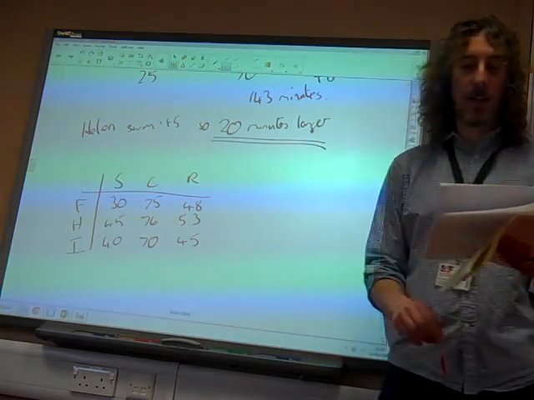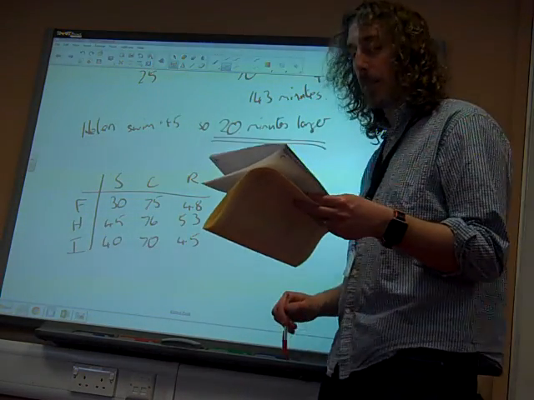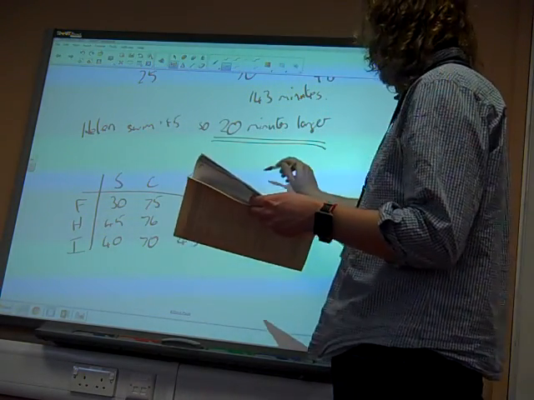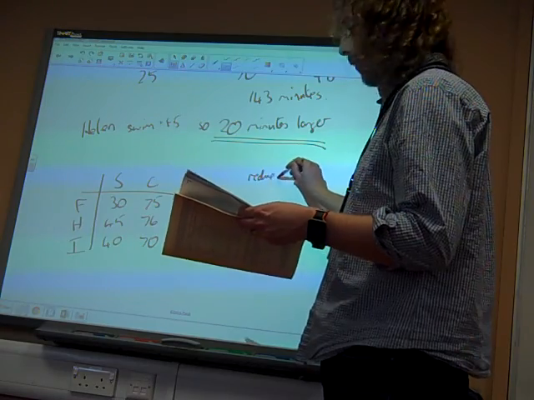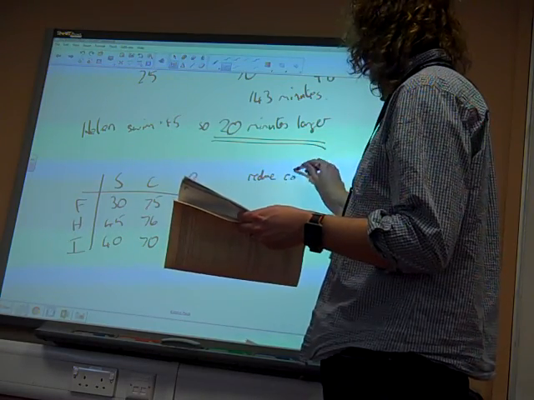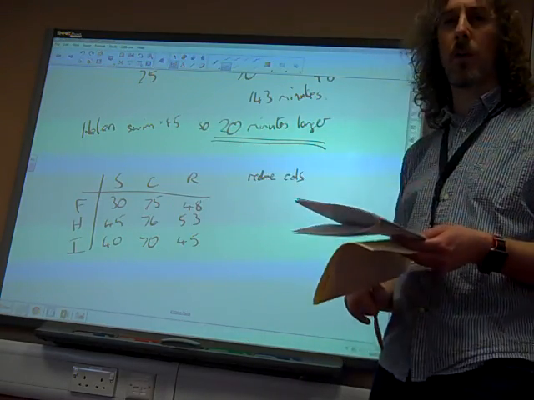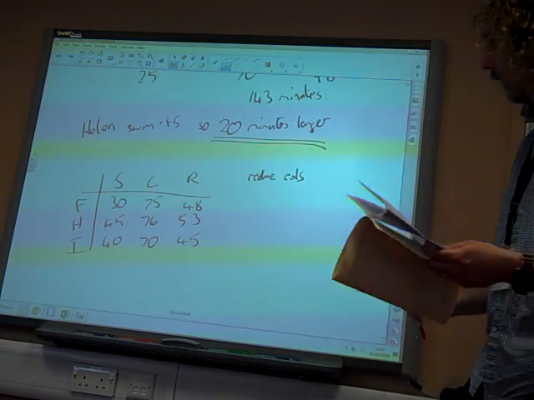So now we're going to see if we can reduce that. I reduced the columns first, because we'd reduced columns first in the previous one. So for completeness, I thought I'd do the same thing.